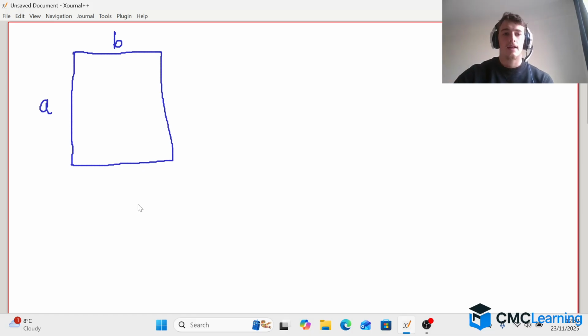Now let me extend this a little bit. Let me extend this side by adding a new side of length C. Let me extend this side here by adding a side of length D. Cool.